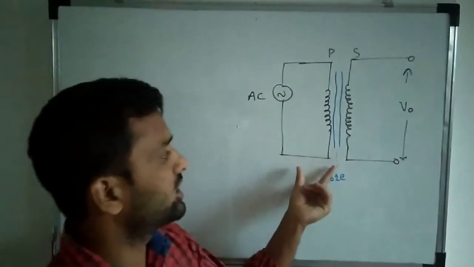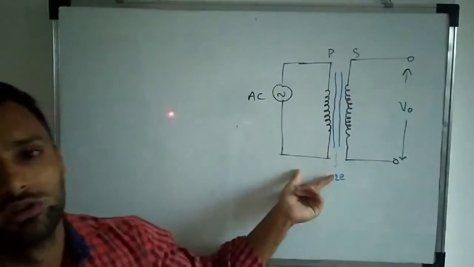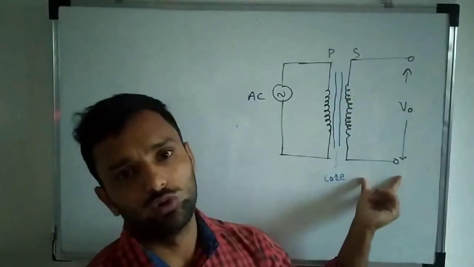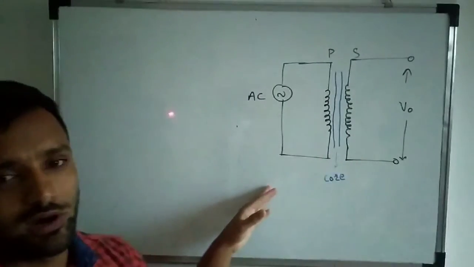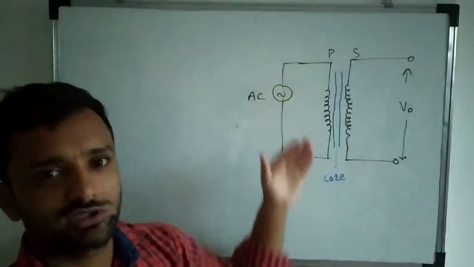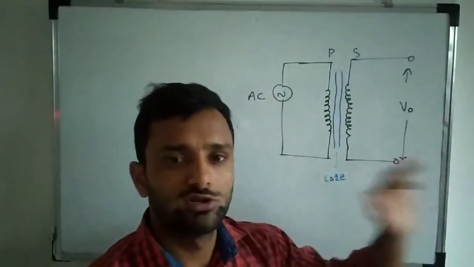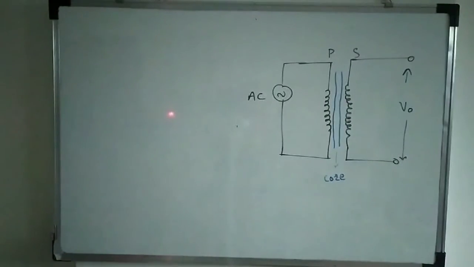So if the voltage applied is about 500 volt, then we get only 250 volt at the output, because the input is much larger than the output. In this way the transformer works.